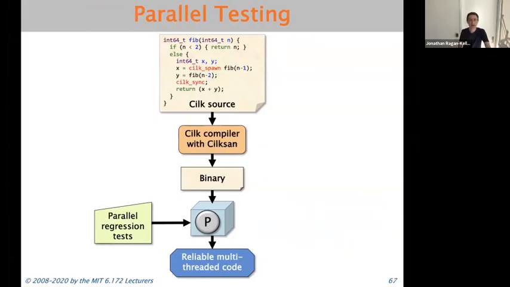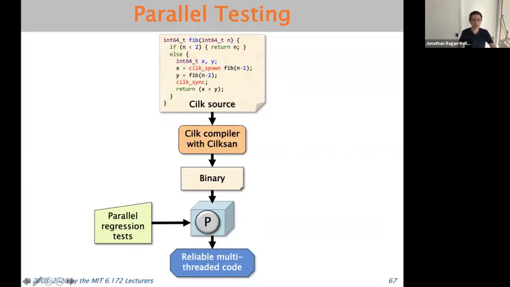C semantics let you shoot yourself in the foot in a few ways. So there's also infrastructure that we'll see to compile and simulate the execution in parallel and identify potential race bugs.